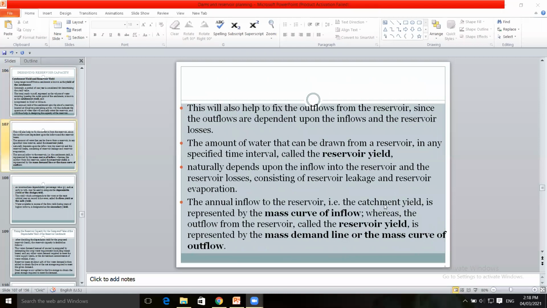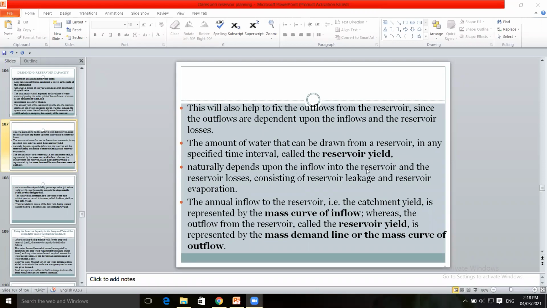While drawing water from the reservoir at a specified time interval, the measurement of the reservoir yield will depend upon the inflow into the reservoir.